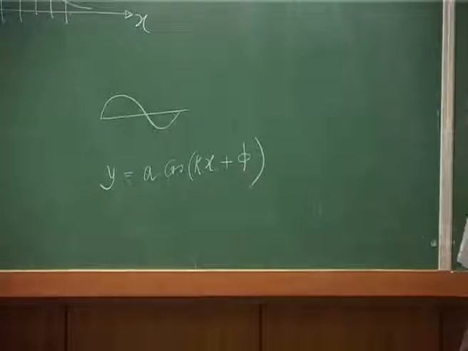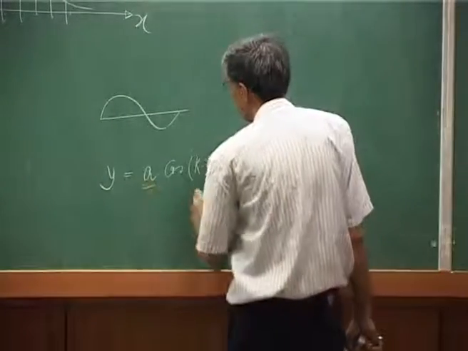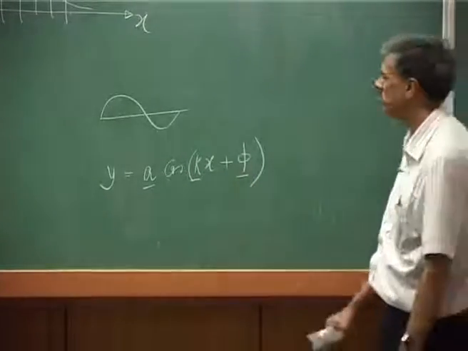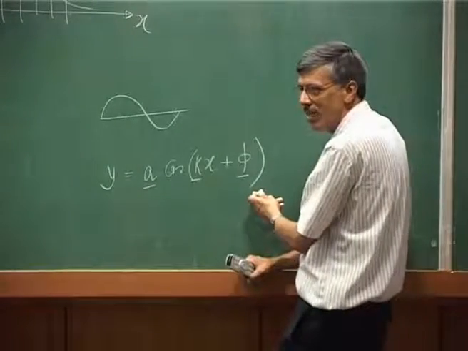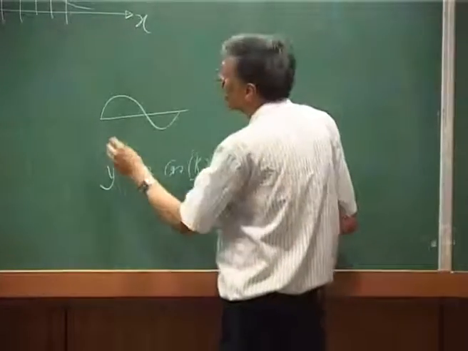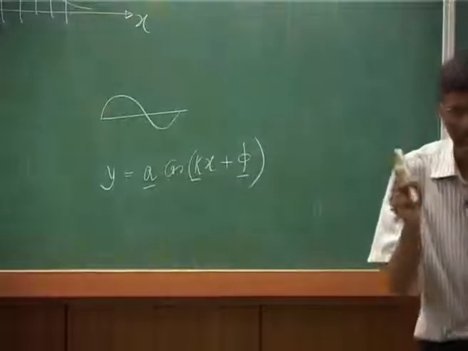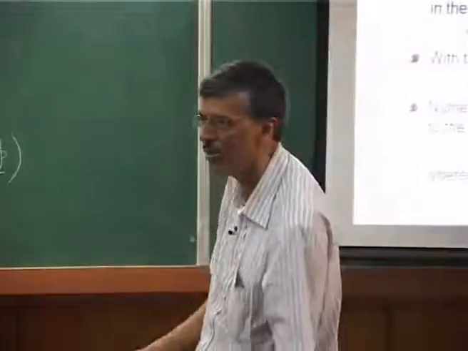So, how many quantities are there? 3, right? So, I need to obtain A, I need to obtain K, I need to obtain phi. So, if I were to fix these 3 quantities, I should be able to substitute it at 3 distinct, independent points, and then I have 3 equations, 3 unknowns, I solve it and I know everything about them.